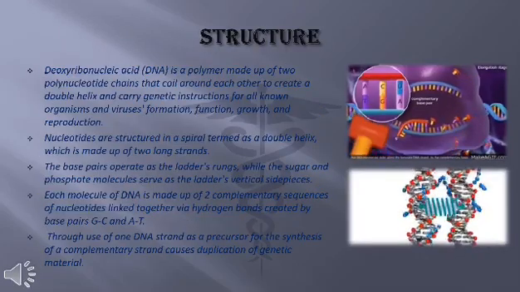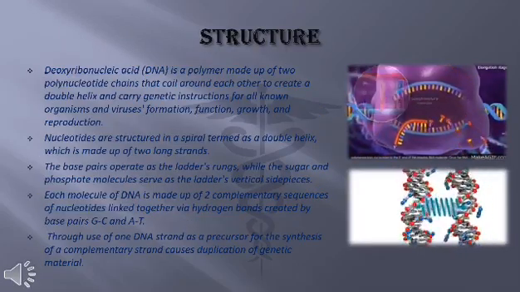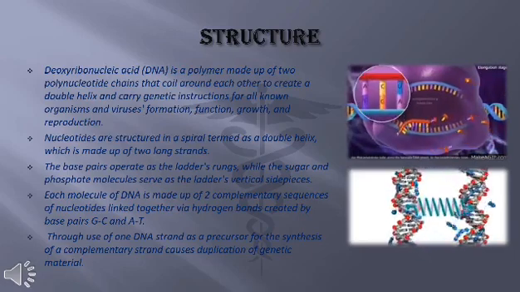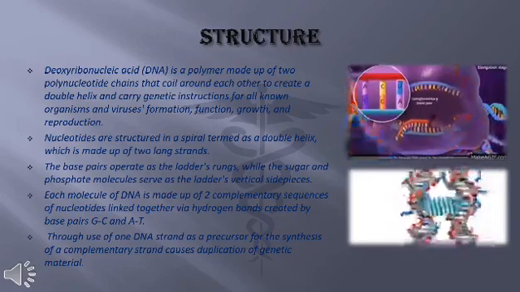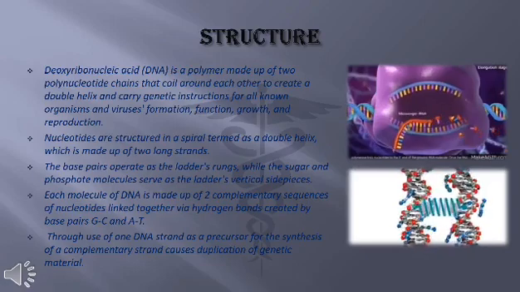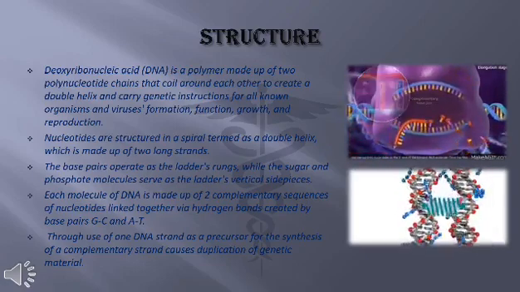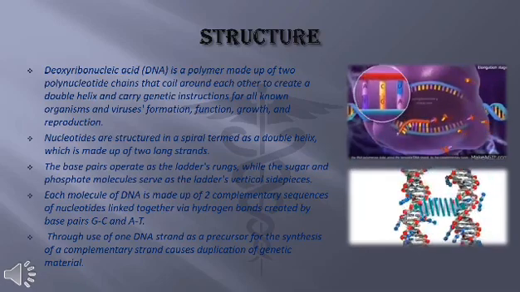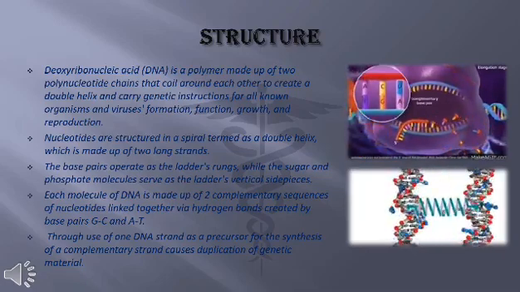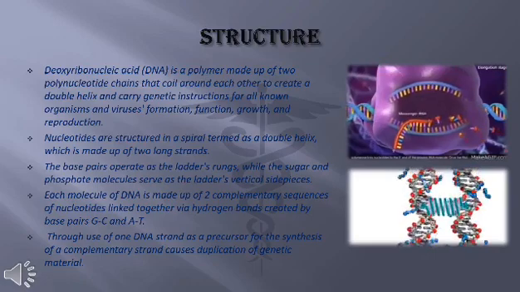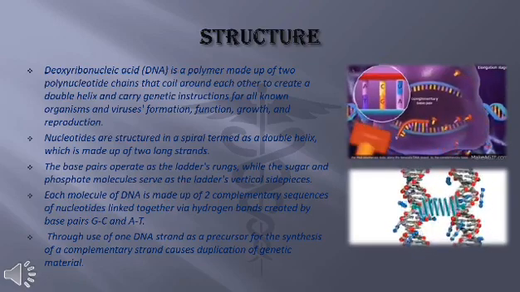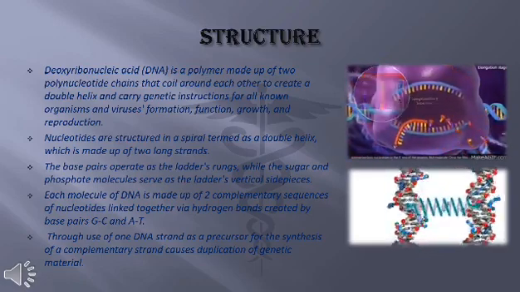Well, let's study the structure and the roots of DNA. Deoxyribonucleic acid is a polymer made up of two polynucleotide chains that coil around together to create a double helix and carry genetic instructions for the formation, functions, growth, and reproduction of all known organisms and viruses. Nucleotides are structured in a spiral termed a double helix, which is made up of two long strands.